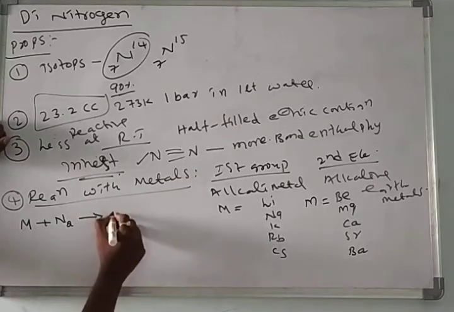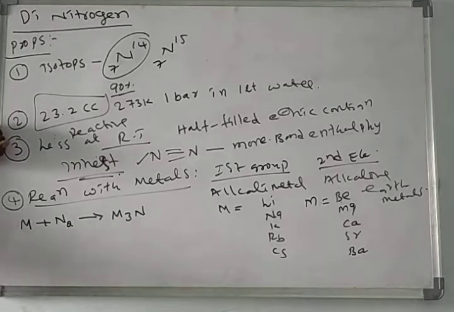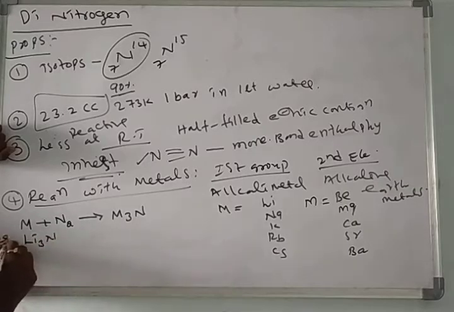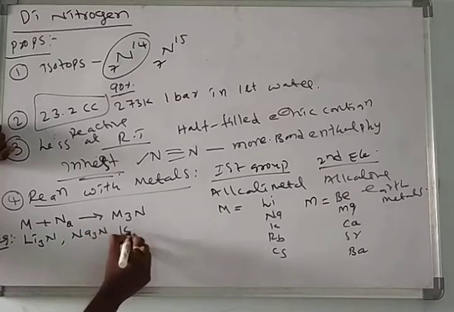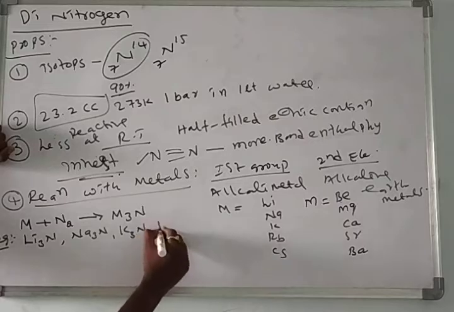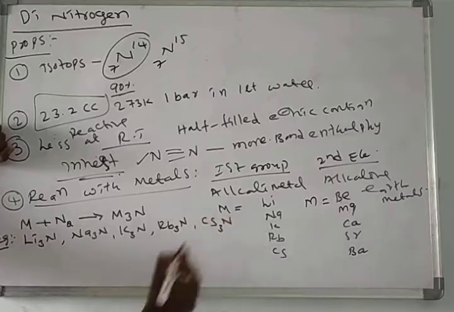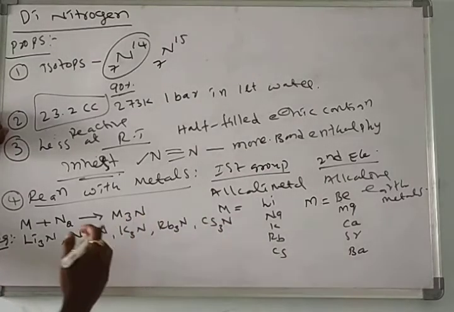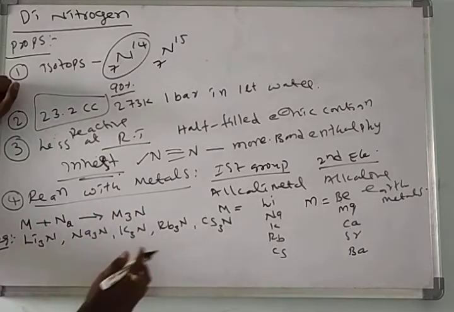First group elements form M3N type nitrides. M3N type nitrides means lithium nitride, sodium nitride, potassium nitride, rubidium nitride and cesium nitride. These are examples of first group element nitrides.